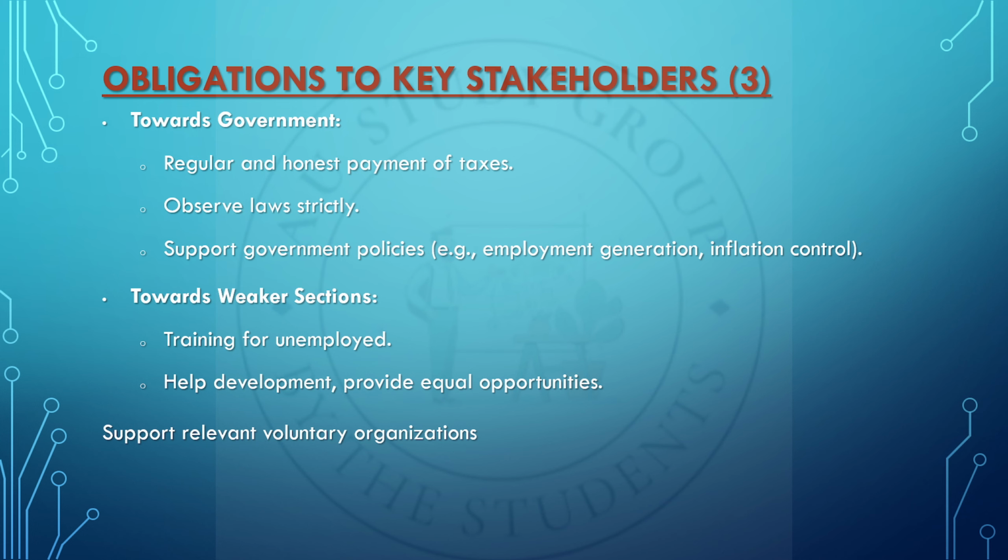Now towards the weaker section. Again, the business has an obligation towards the weaker section also. What is the obligation? Providing opportunities to the weaker section, helping development, providing equal opportunities and giving training to the weaker sections. That is also an obligation of the business.